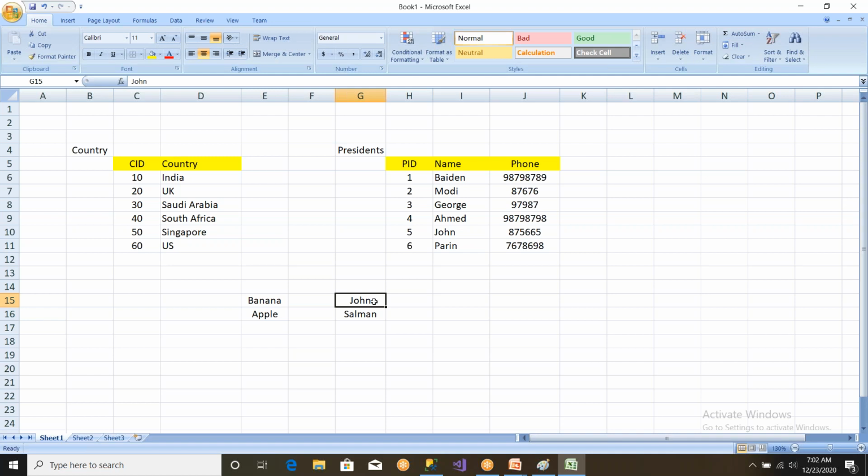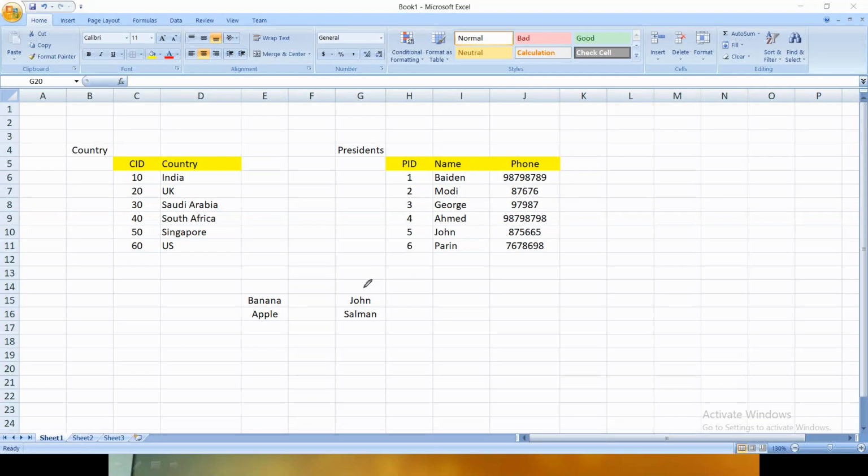You let me know after taking this because I wanted to create a bill for you. So I have banana and apple, I have John and Salman. To create a bill, you need some more information. What is that? Who has taken what? That is what I'm talking about when I say relationship. Clear? So I should know John has taken apple and banana is consumed by this guy, or Salman has taken banana.